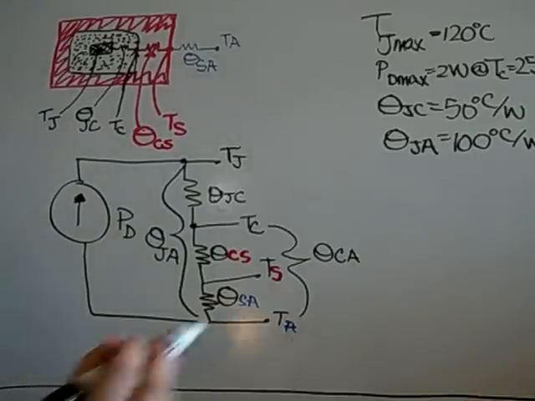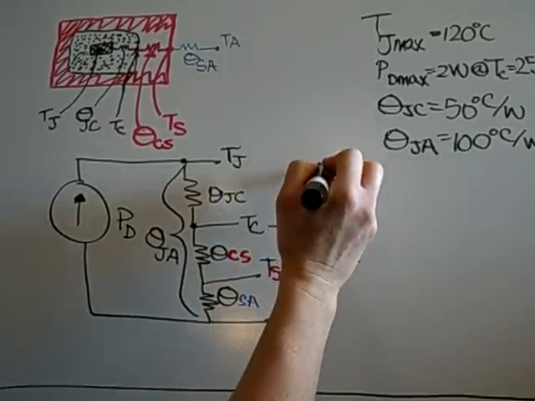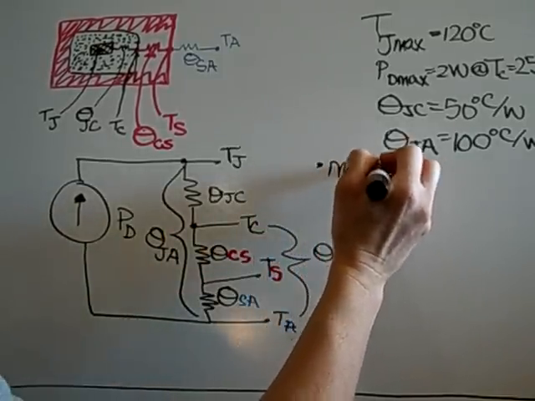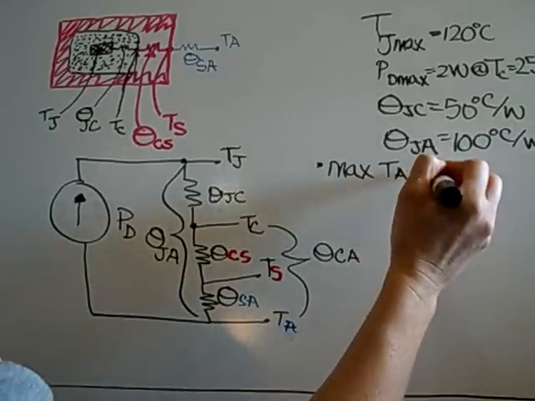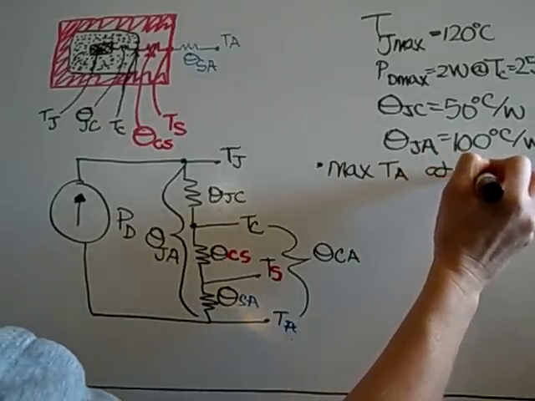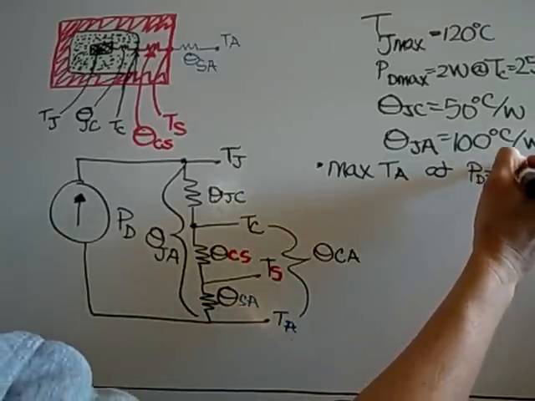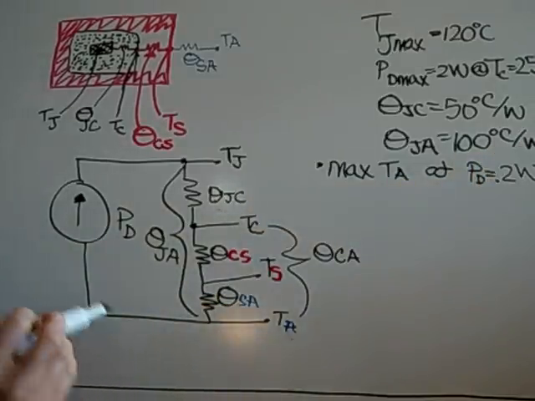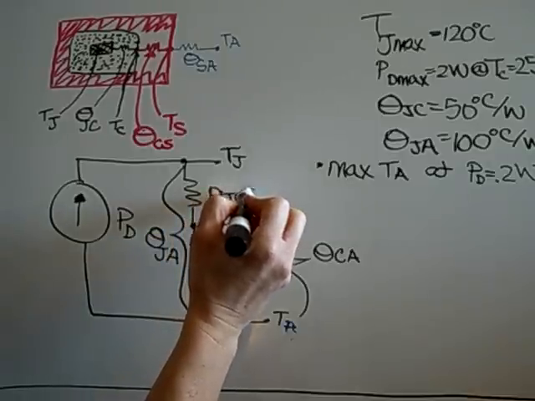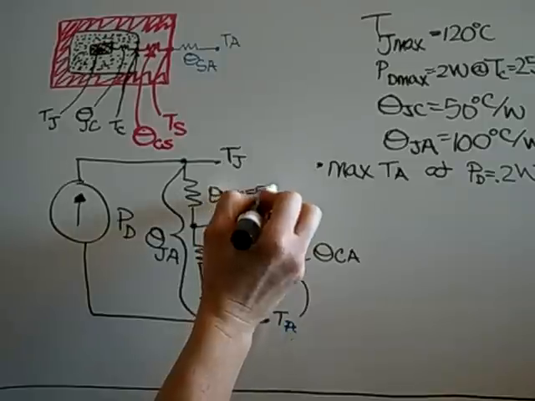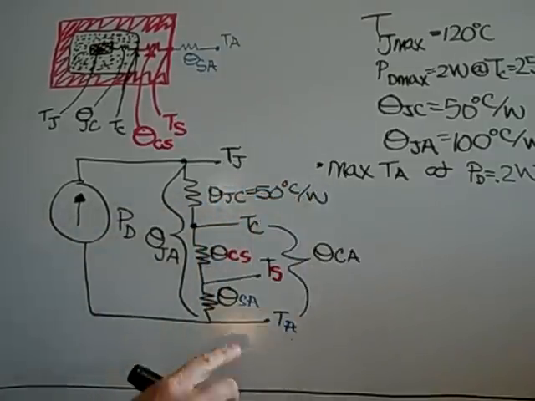So once you know several pieces of information, you can actually find more information out. In the question, we want to find out what is the maximum ambient temperature, so the max TA, to ensure safe operation at a power dissipation of 0.2 watts. So we go back to this. Thermal resistances are always fixed values. So this is 50 degrees C per watt.